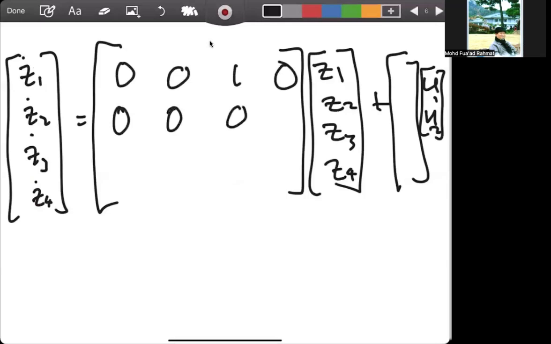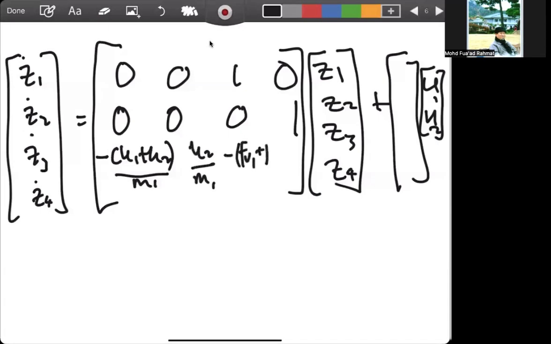The second one is 0, 0, 0, 1. Then the third state equation is minus K1 plus K2 over M1, K2 over M1, minus FV1 plus FV3 over M1, 0.